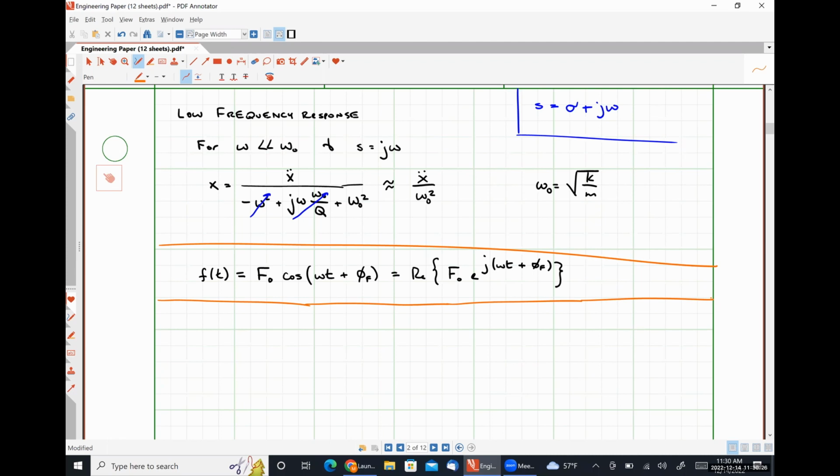All right, so if the device is operating at an excitation frequency omega that is much less than the resonant frequency omega naught, then we can see that the displacement is a simple function of acceleration, x dot dot, and resonant frequency.